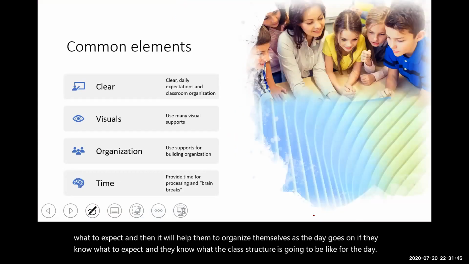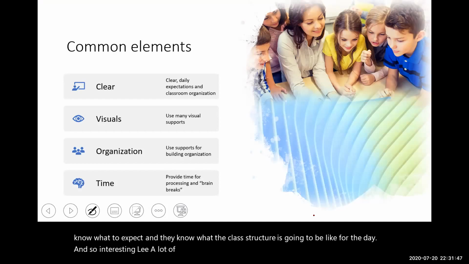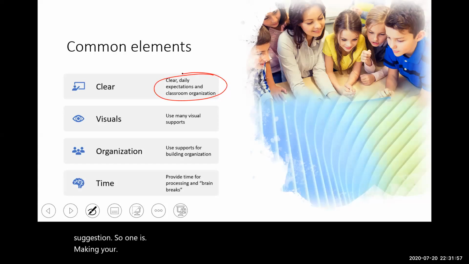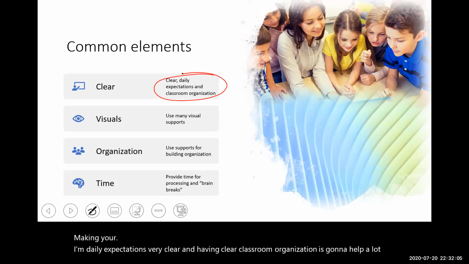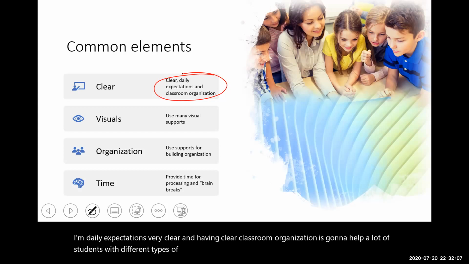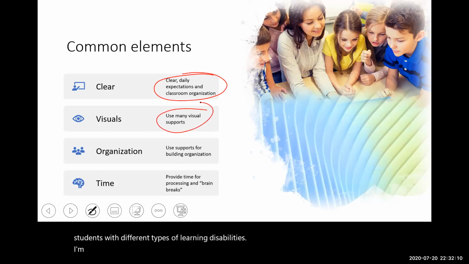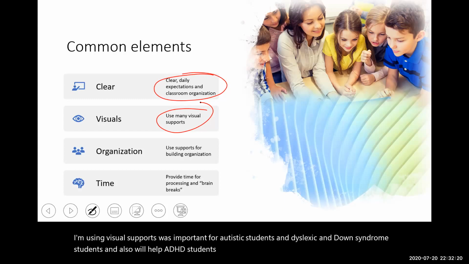And so interestingly, a lot of these different accommodations have similar or overlapping suggestions. So one is making your daily expectations very clear and having clear classroom organization. It's going to help a lot of students with different types of learning disabilities. Using visual supports was important for autistic students and dyslexic and Down syndrome students, and also will help ADHD students to organize themselves.